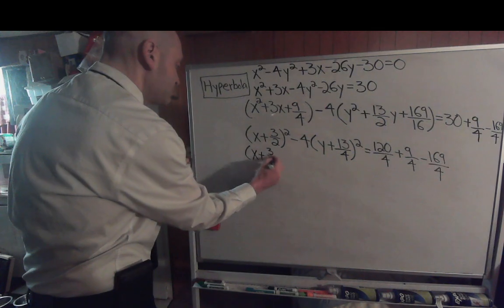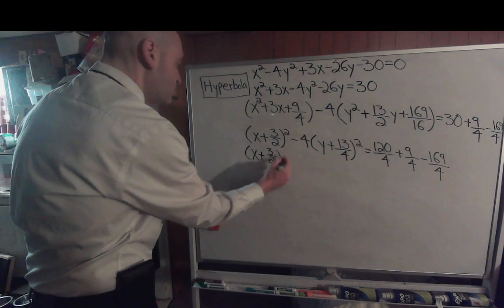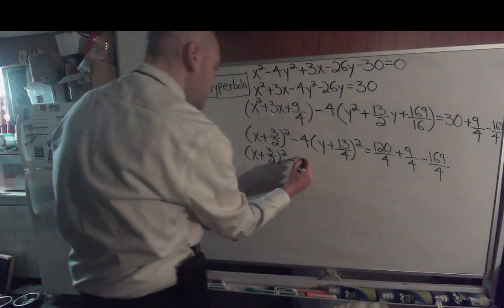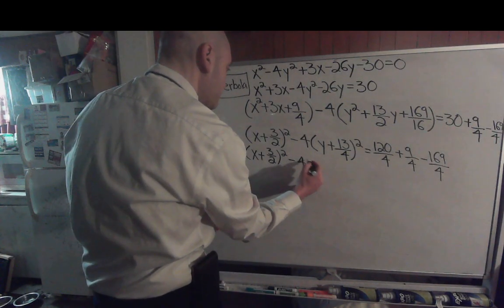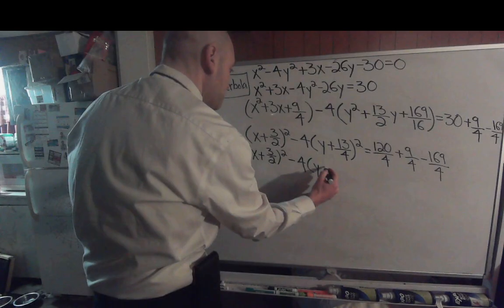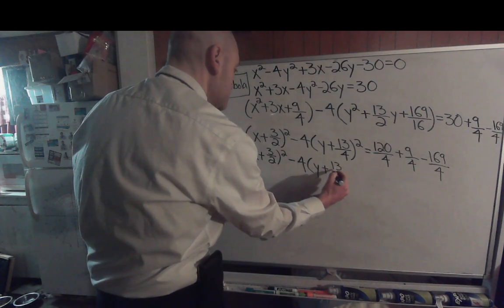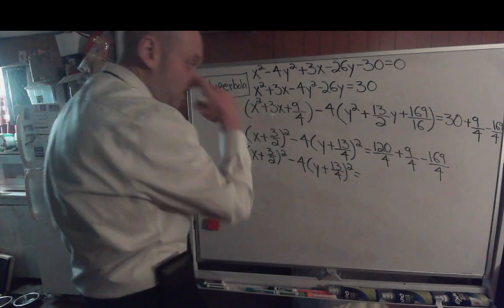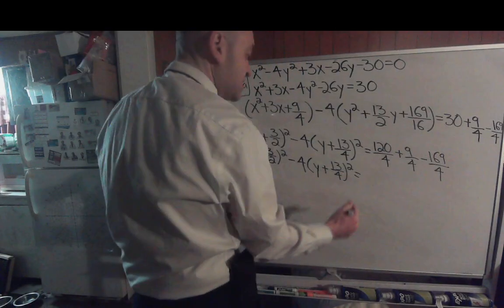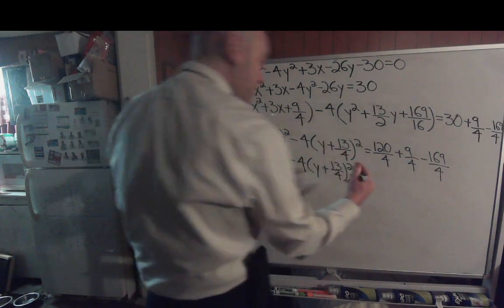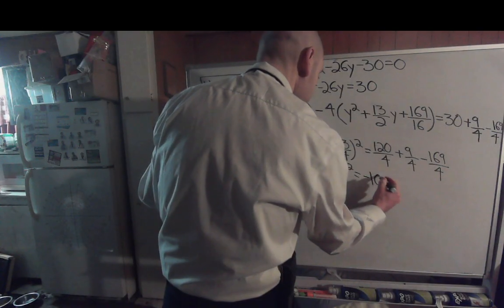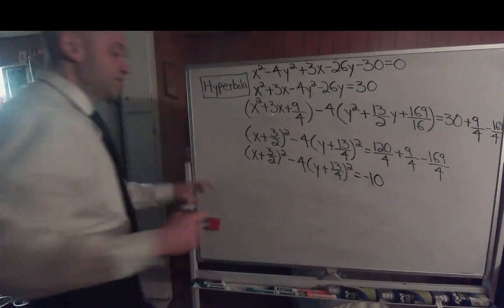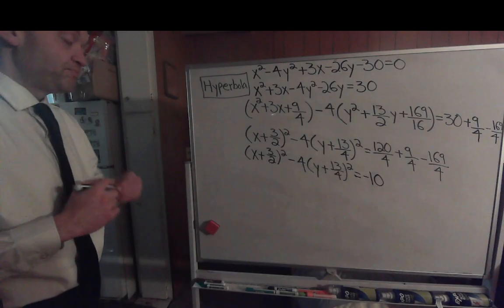So this would be x plus 3/2 squared minus 4 times y plus 13/4 squared equals, so 129 minus 169, that's negative 40, so this would just be negative 10. The right-hand side simplifies into negative 10.